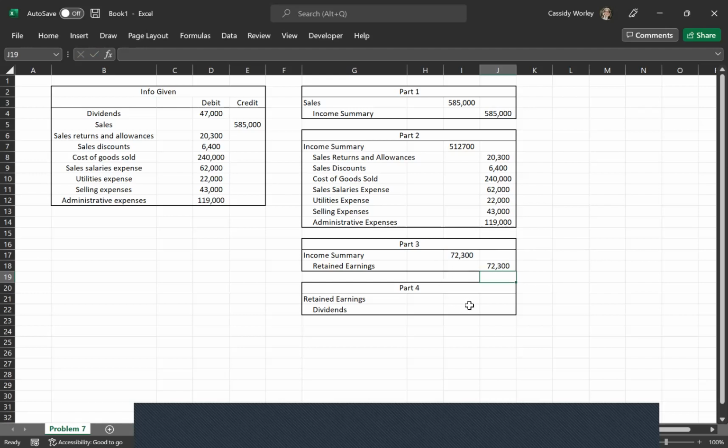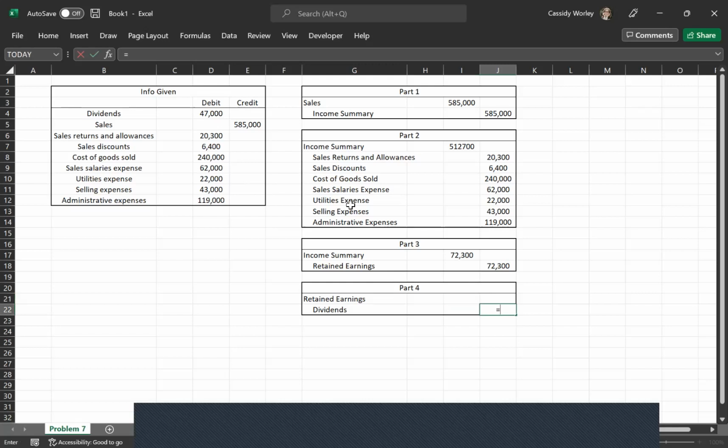So then part 4 is we need to close the dividend account, and we do that by crediting the dividend account because it's listed as a debit.